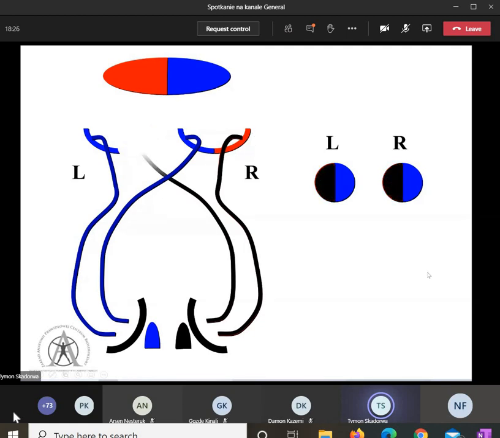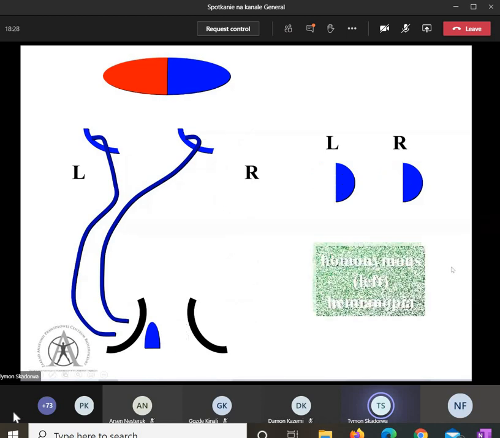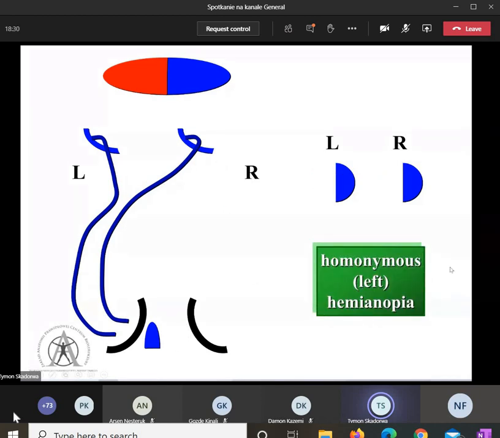So in fact, the result will be the homonymous hemianopia. In this case, it is left-sided hemianopia. So the patient cannot see the part of the image which is located on his left side.